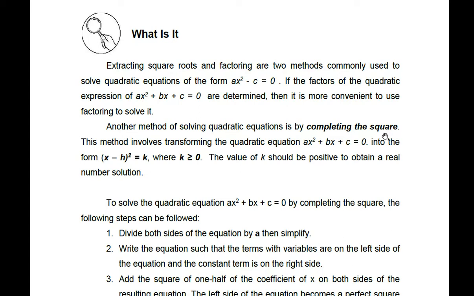Ano ba tong completing the squares? So the method involves transforming the quadratic equation ax squared plus bx plus c equals 0 into the form: the second power of the quantity x minus h is equal to k, where k is greater than or equal to 0, not less than.